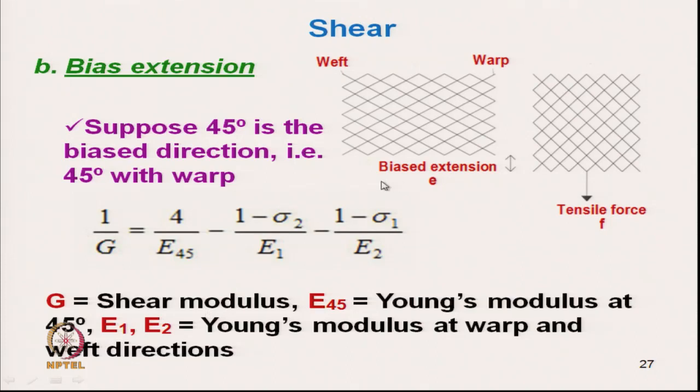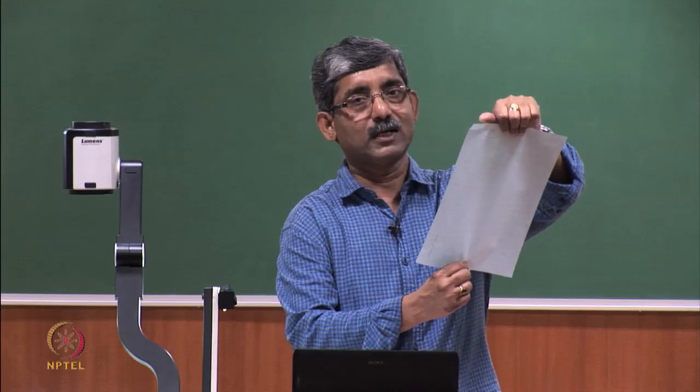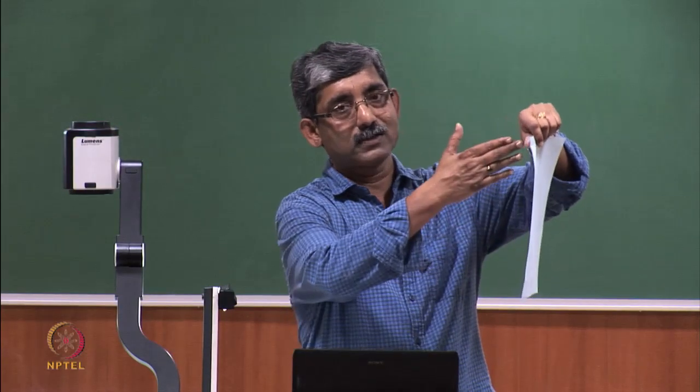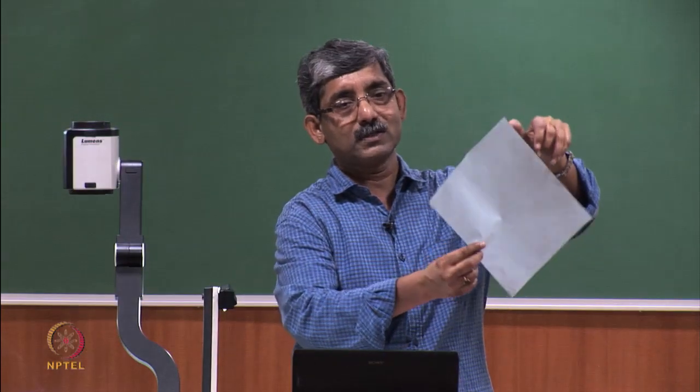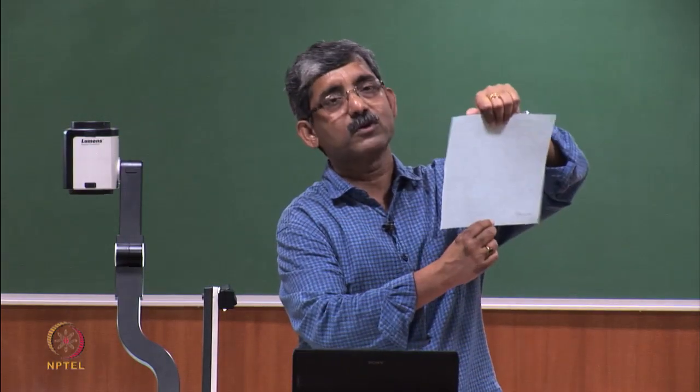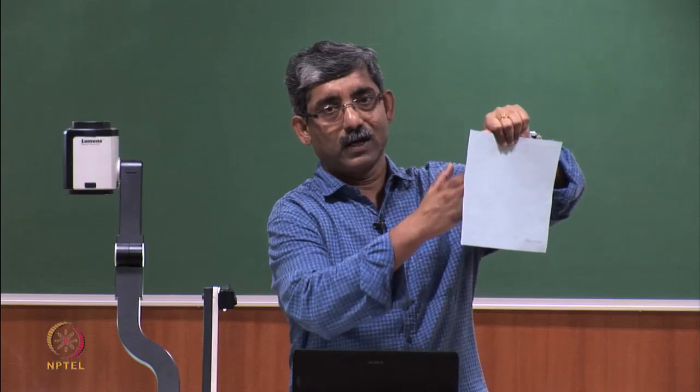Suppose this is the fabric. In the warp direction there will be a certain Young's modulus, and because the yarns are parallel, there will be high Young's modulus. In the weft direction also it will be higher, because the yarns are parallel.